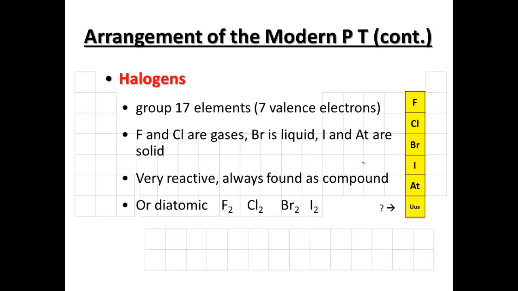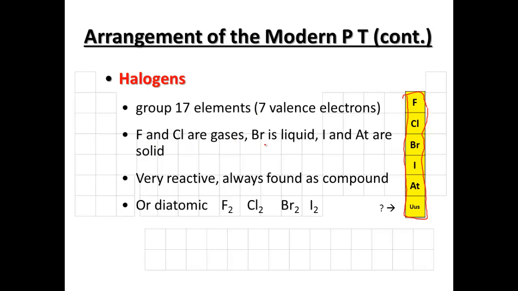The halogens, group 17 on the periodic table, all of the elements in the halogen family, fluorine, chlorine, bromine, iodine, astatine, and maybe tennessine, our element 117, have 7 valence electrons. So group 17, we'll talk about as we're going, 7 outer electrons.